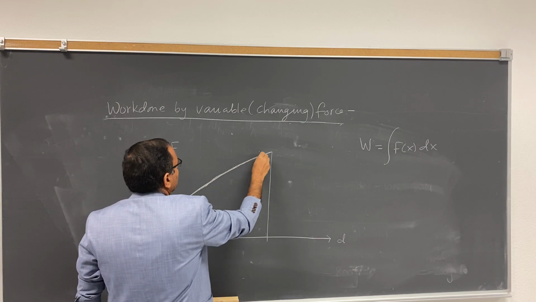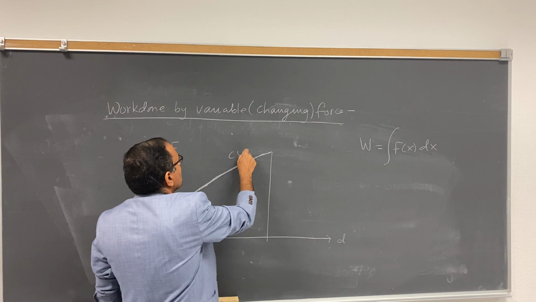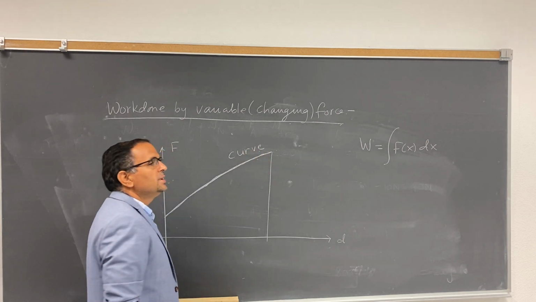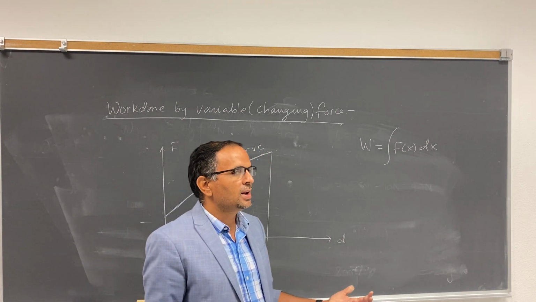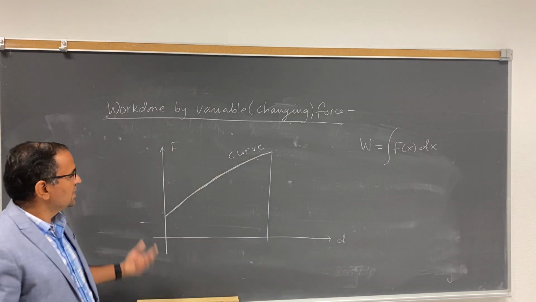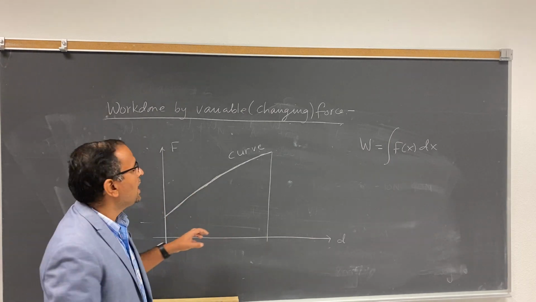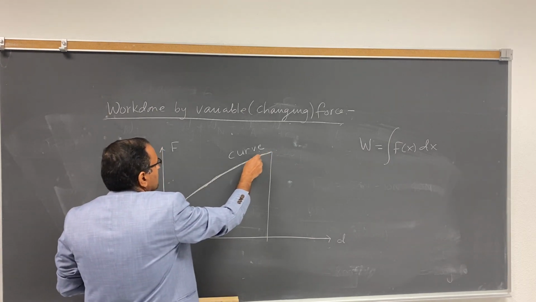If it is a curve, it is a little bit difficult. If it is a straight line, then you can use a formula like the area of the triangle, rectangle, something like that. So in this case, the work done is given by the area under this curve.